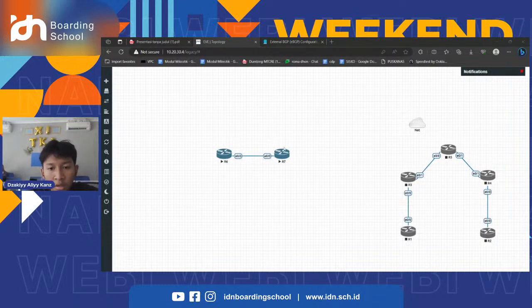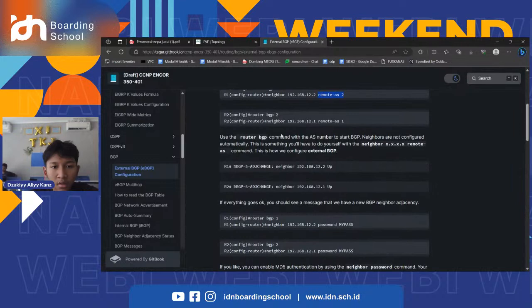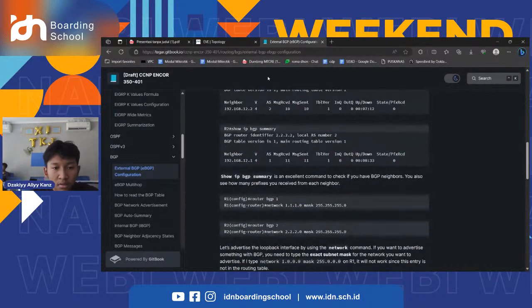Because the AS of router 6 is AS1, and the AS of router 7 is AS2. So we'll set remote AS 2, and this is the IP address of the router as the BGP peer in AS2, and enter. Okay, just that.